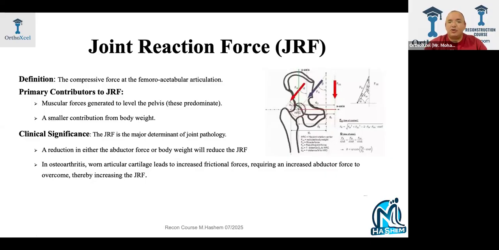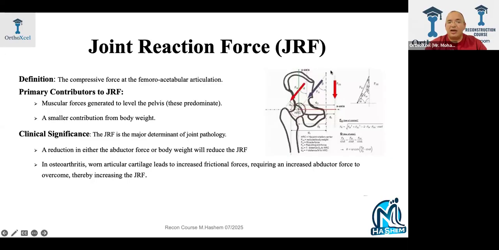Again, I'm reinforcing this point because it is the most important one. Any hip has body weight coming across with a lever arm, then you have abductor force coming with a lever arm. These two are unequal. That's why the abductor exerts more force to maintain the stability of the pelvis, based on the longer lever arm of the body weight compared to the lever arm of the abductors.